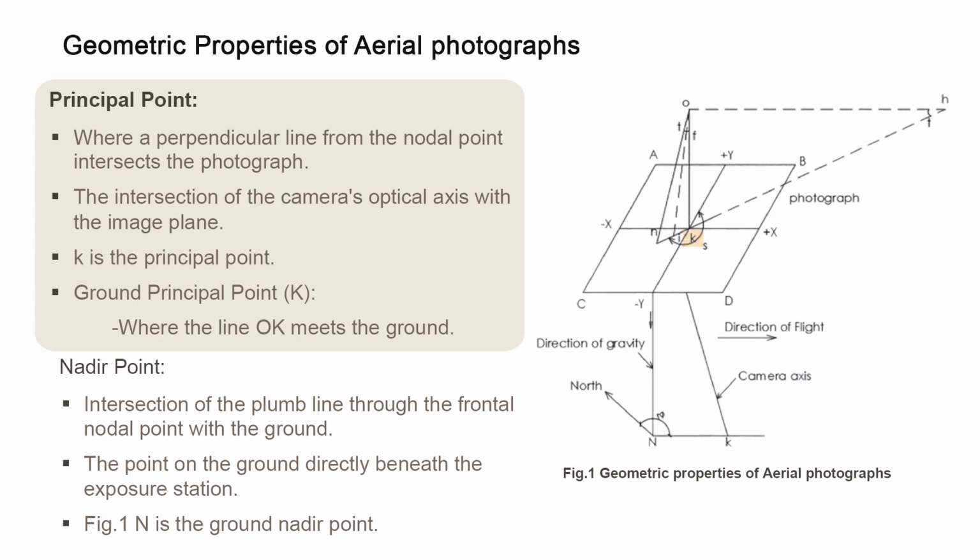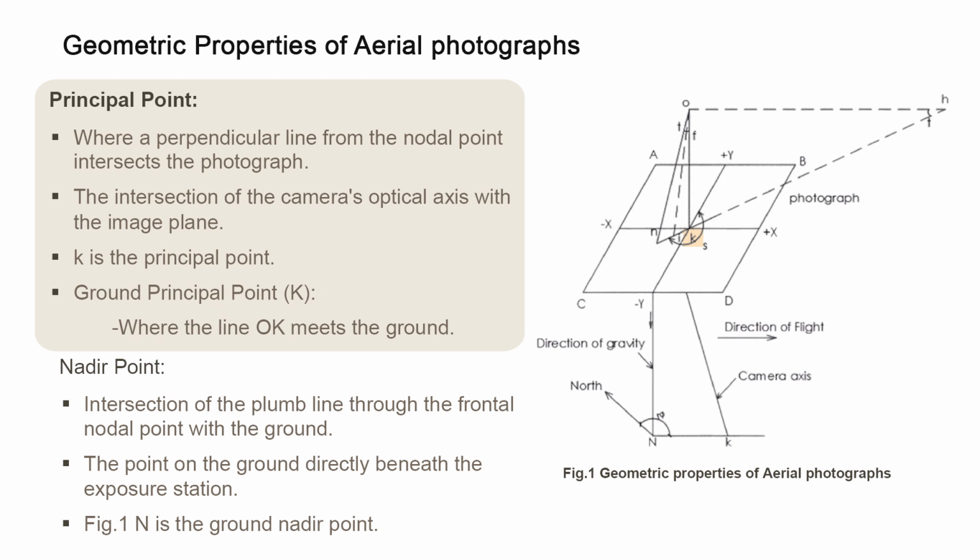Let us start with the principal point, that is the first one. I request you to kindly look at the figure right in front of you for easy understanding. Principal point. Principal point is a point where a perpendicular line dropped right from the nodal point, that is O, strikes a photograph.